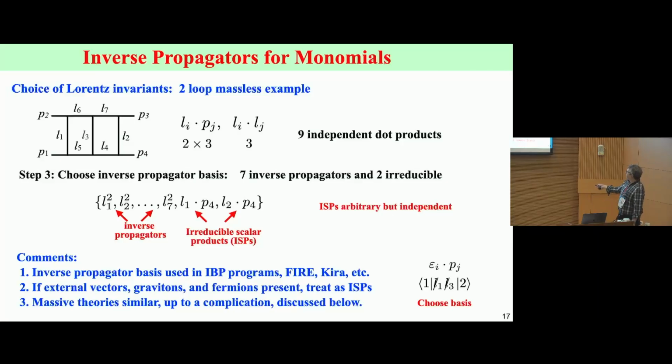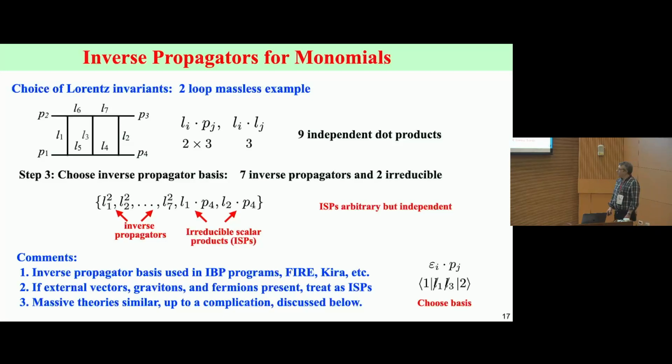Suppose you have external vector polarizations, or you have spinors, it's all the same. Just consider this as what we call an irreducible scalar product. So these things, there's some extra ones that you don't cancel propagators, and you include this in the basis set.